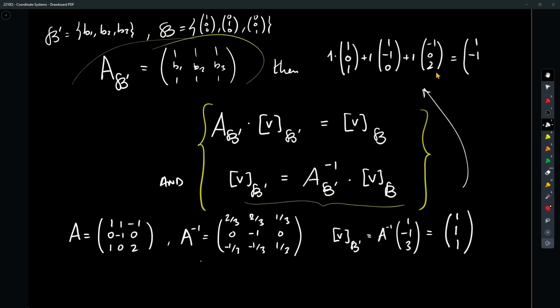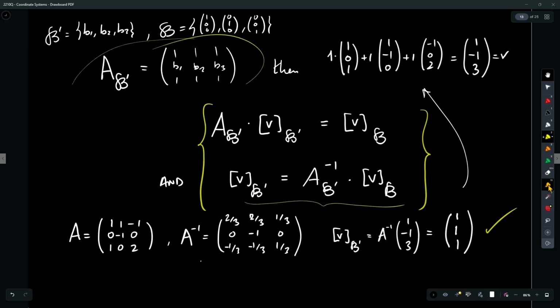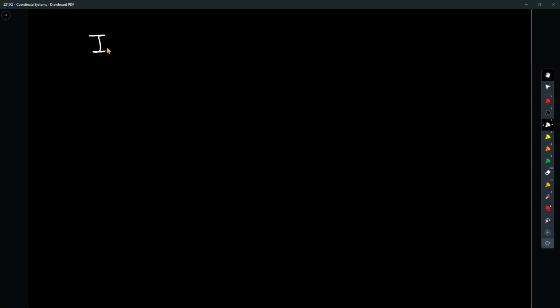And 1 plus 0 plus 2 is 3, which is V. So that is absolutely correct, the coordinates of this vector V with respect to the new basis B prime are 1, 1, 1. And this is true in general.